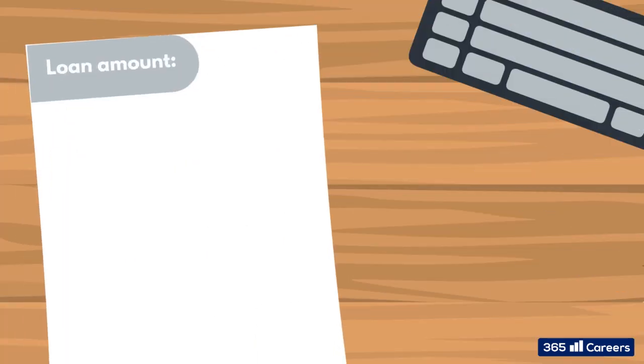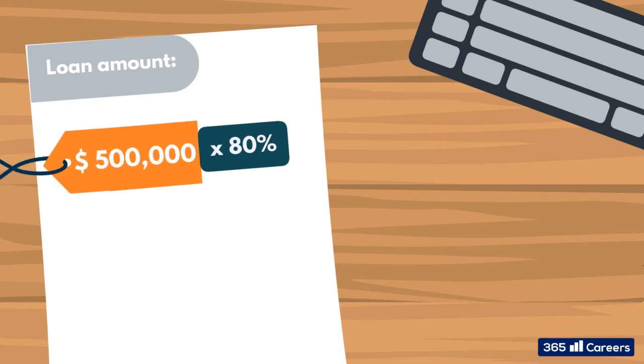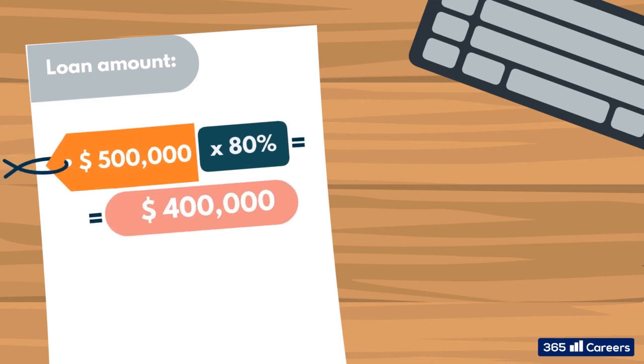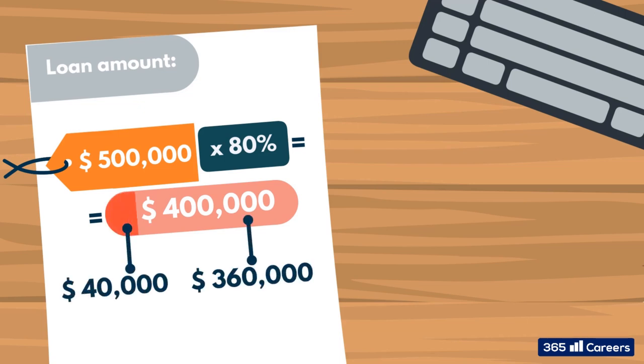The loan amount is equal to 80% of $500,000, that is $400,000. By now, the borrower has repaid $40,000, so the outstanding balance is $360,000. If the borrower defaults, the exposure at default would, therefore, be $360,000.